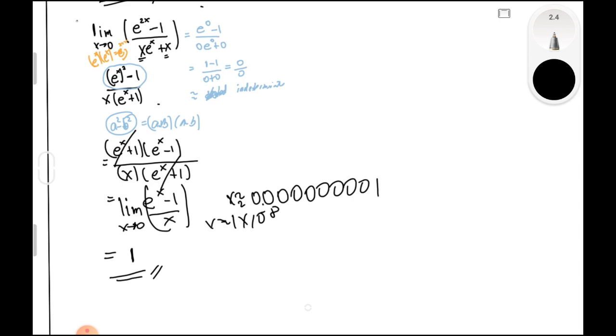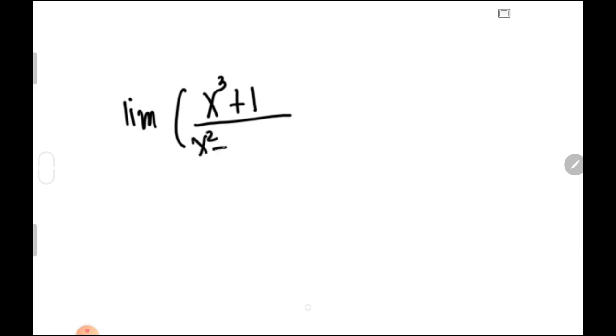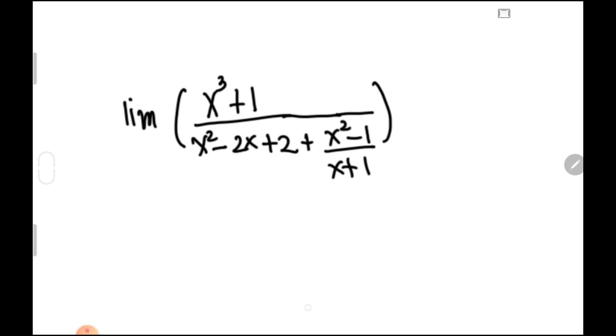So that is our example number 3 for exponential functions. Let's have the limit of x cubed plus 1 divided by x squared minus 2x plus 2 plus x squared minus 1 divided by x plus 1, all raised to 1 over x, as x approaches 0.